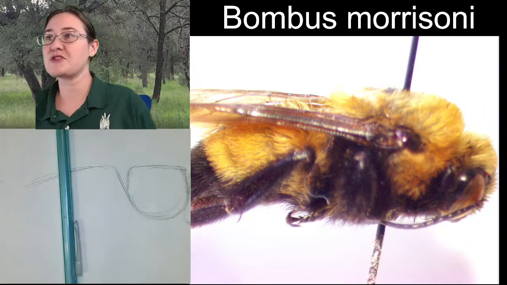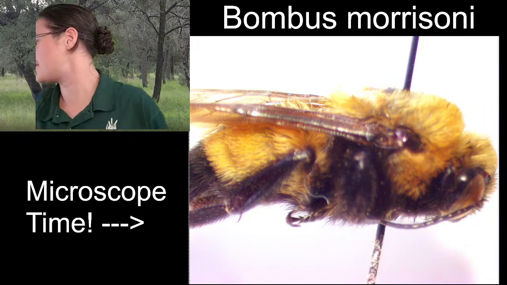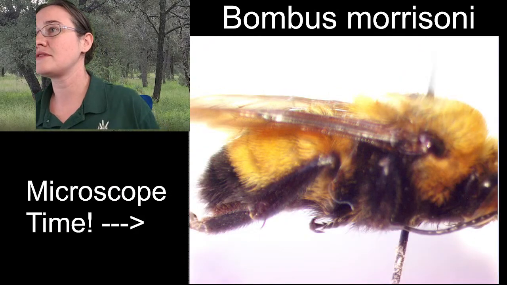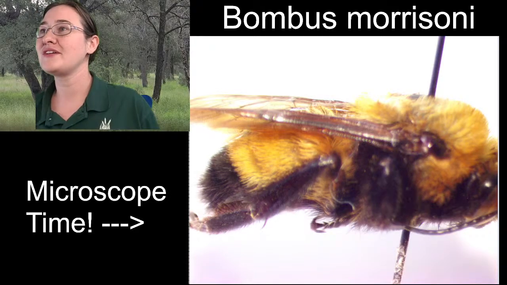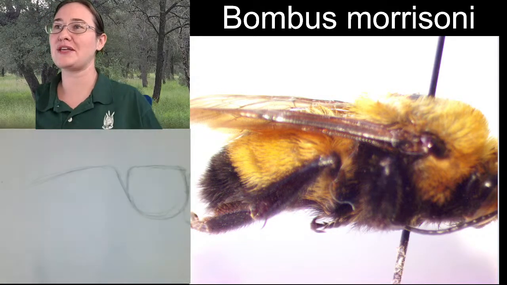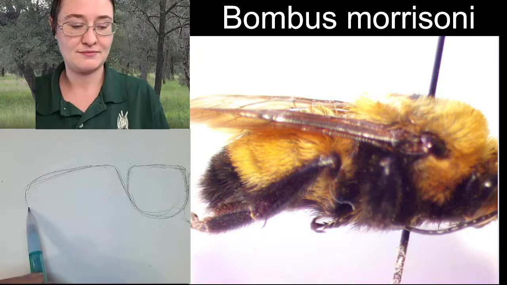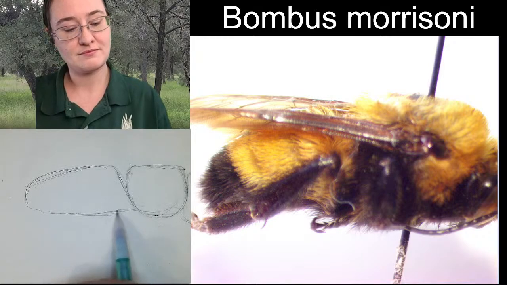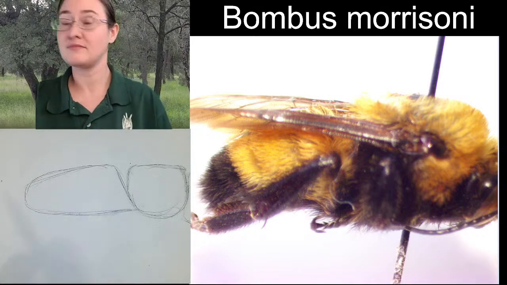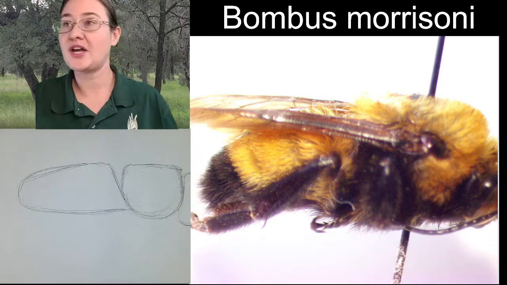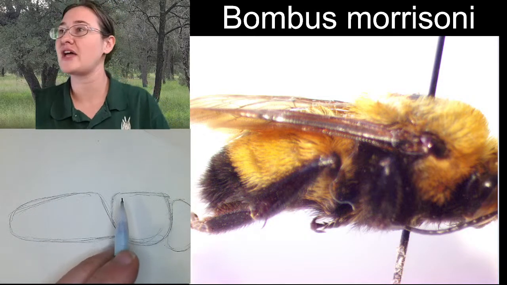All right, let's move the specimen over so we can see the angle of the end of the abdomen. There we go. He doesn't come to too much of a point. She. All right, that gives us a little bit of an outline.